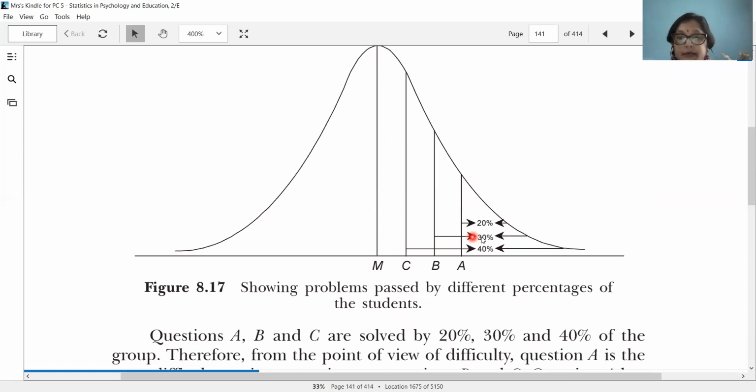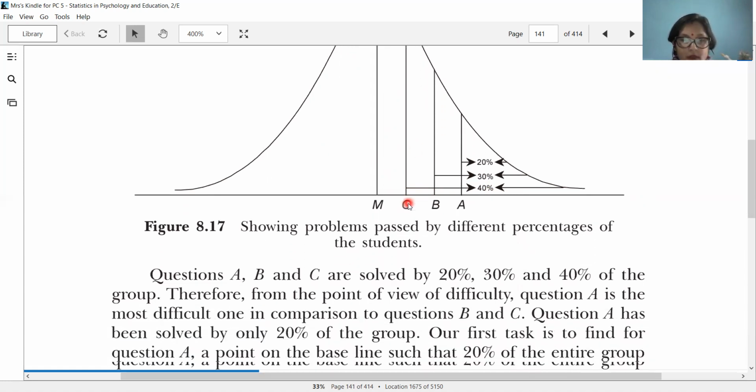Okay, 10% more are added to the group from 20%. Then again, problem C is solved by 40% of the group within 50% of cases. Okay, so this is the graphical representation of this problem.